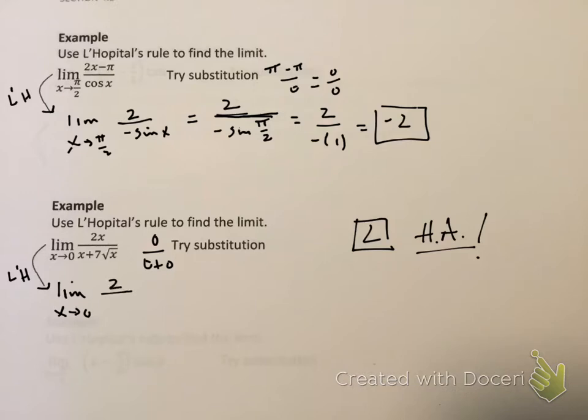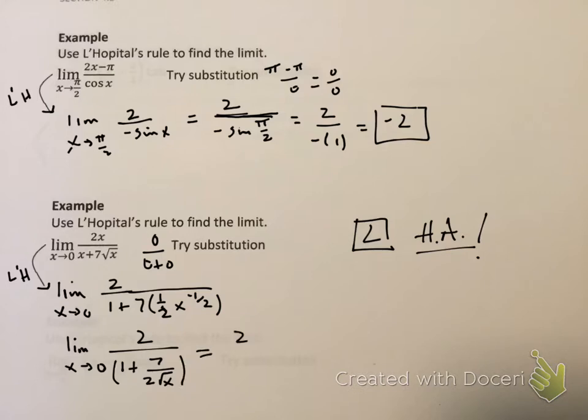This is going to be a 2, and this is going to be 1 over 7 times 1/2 x to the negative 1/2. And I'd be willing to bet some of you don't know what that expression would be in that situation. Well, it's 2 over 1 plus 7 over 2 the square root of x.